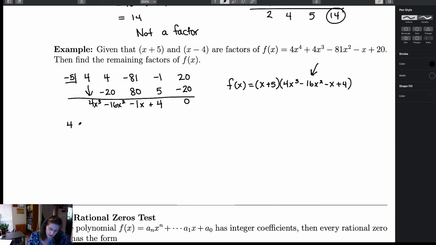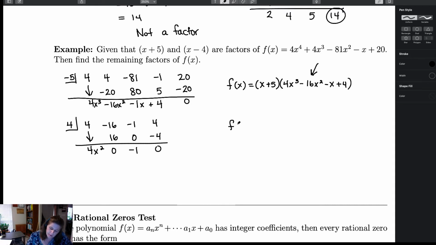So I have 4, and my coefficients are 4, -16, -1, and 4. 16 gives me 0. 0 gives me -1. And -4 gives me 0. So remember, now we're starting with a cubic function, so this is a second degree. So we have 4x squared minus 1 because we have no x's.